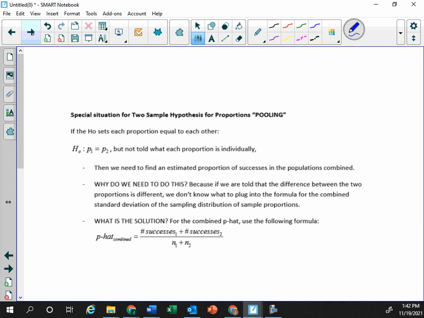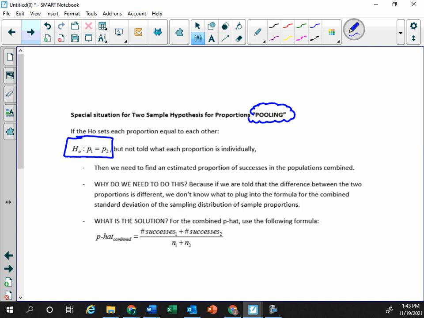And then the other thing we're going to talk about here before we get to doing some examples is when we pool our data. Pooling. Okay, this doesn't happen all the time. This only happens if your null is that P1 equals P2.